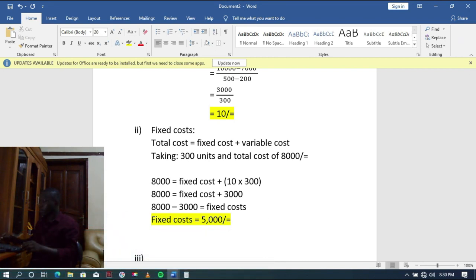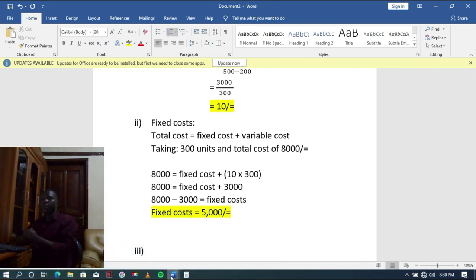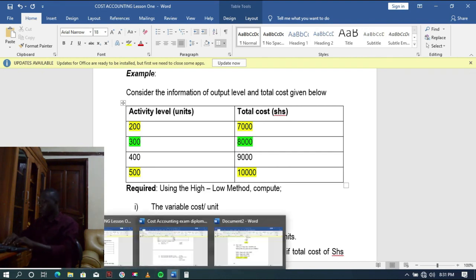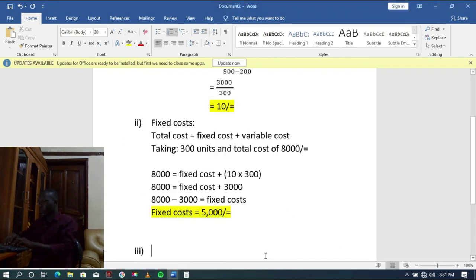So here we go, 8,000 equals fixed costs plus 3,000. Then of course we are going to make the fixed cost the subject, because it is what we are interested in. So meaning we shall make the 3,000 cross to the other side, and when it crosses it gets a negative sign. So that will be 8,000 minus 3,000 equals fixed costs.